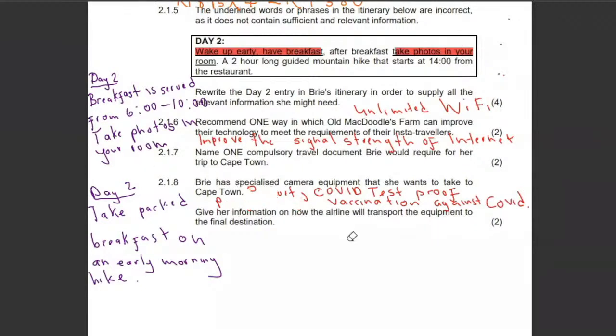She needs a passport. In addition to a passport, she needs a negative COVID test. That should be in the form of something written, or a document which shows that she took a negative COVID test. So we have options. I'll rewrite them once more.